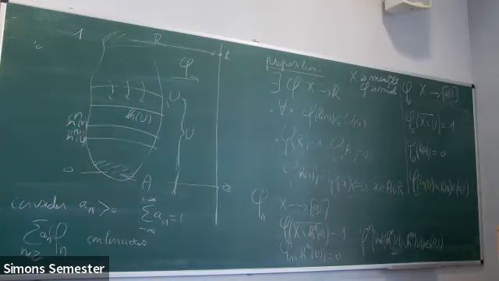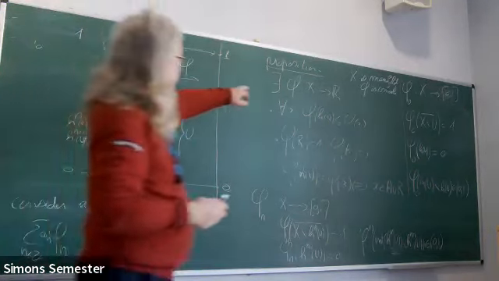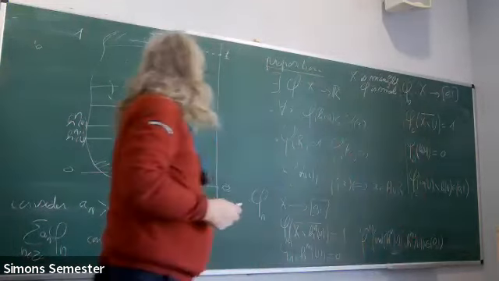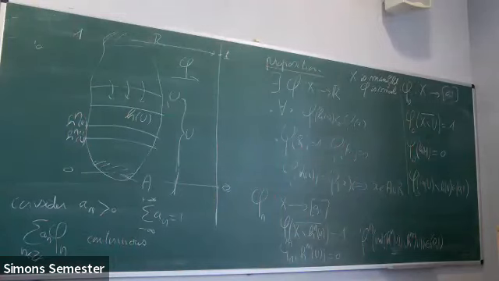That's once again what you do with partitions of unity. So you can assume that each of these functions phi n is smooth.